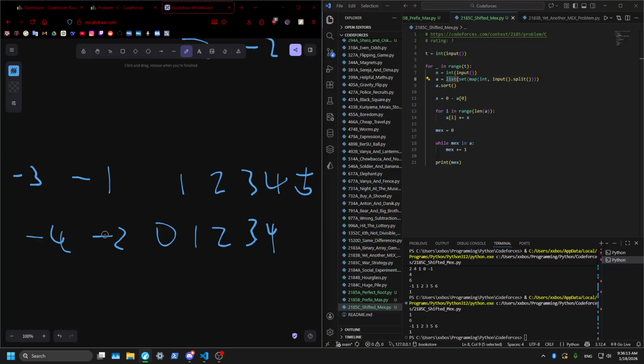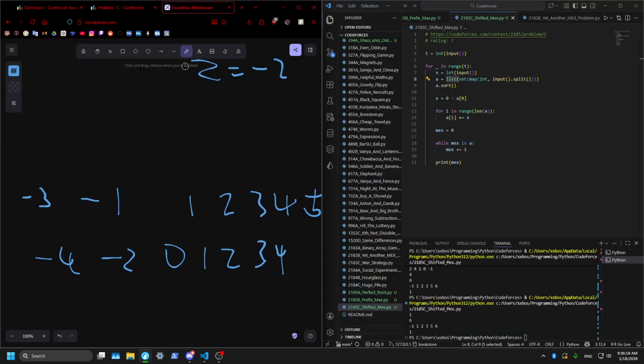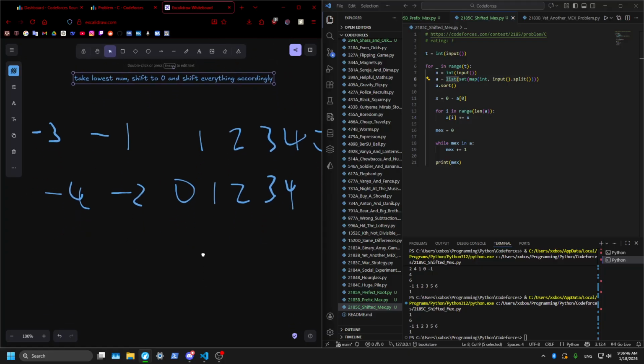So, okay, instead of just picking the lowest number and shifting it to 0, right now what we're doing is: take the lowest number, shift to 0, and shift everything accordingly.